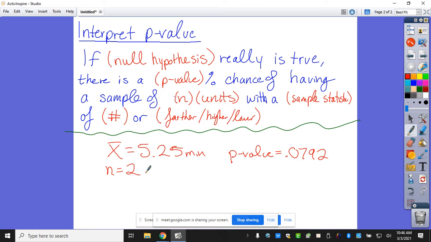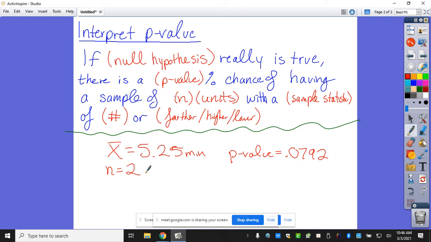Context. We took 2 what on Friday? 2 of his runs, 2 of his mile runs.